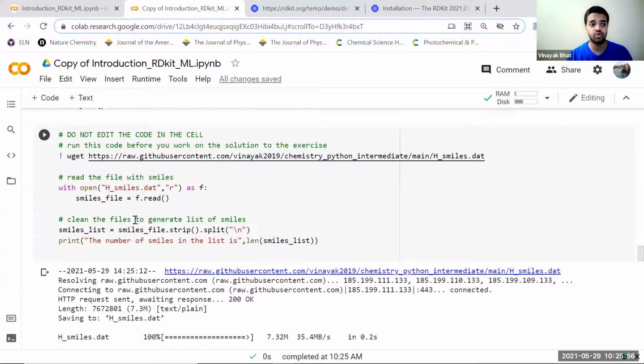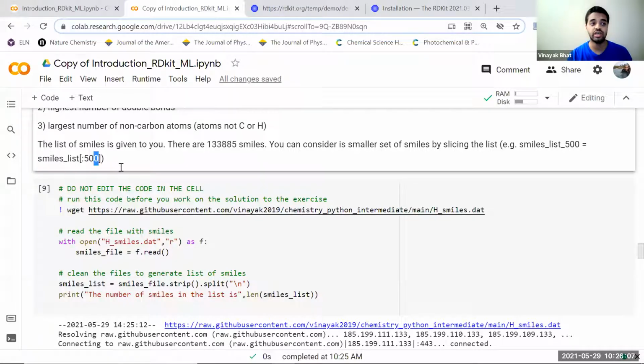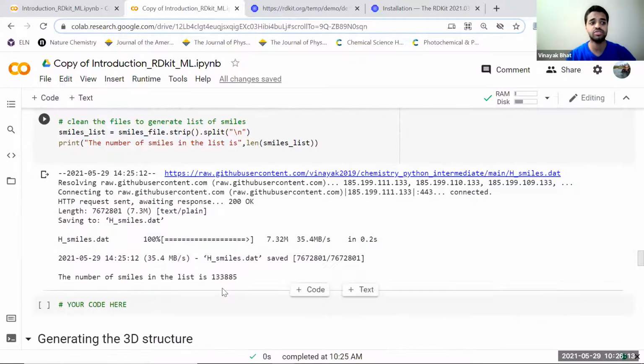And if you want, you can use a smaller version of this. Say smiles is created for you, so you can say smiles list 500, slice the list, take just 500 of them, and do this part. If you have any questions, let me know.